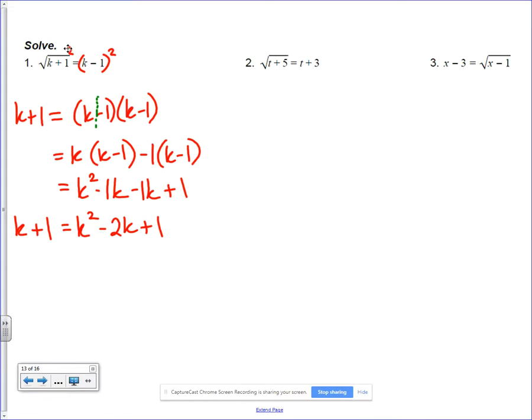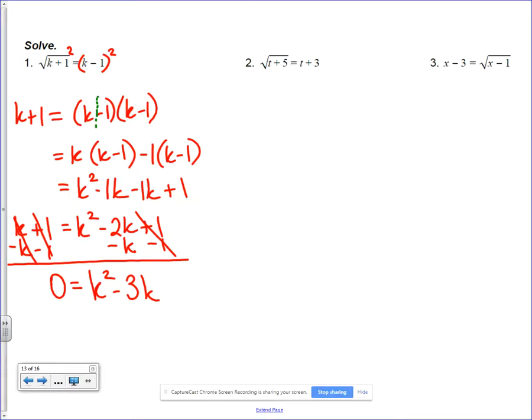So how am I going to move that k over? I'm going to subtract the k, and I'm going to put that underneath the k over here. How am I going to move this plus 1? Minus 1, also underneath the 1 over there. These now cancel, and I have 0 equals k squared. What is negative 2k minus k? Negative 3k. And how about plus 1 minus 1? Gone. So that's what I'm looking at.